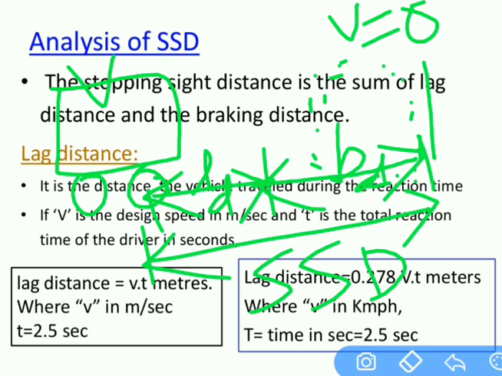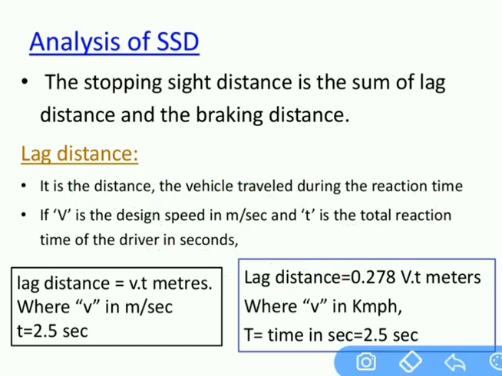What is the lag distance? Simple. First we have to perceive the situation. Yes or no? That is the perception. While perceiving, the distance the vehicle has traveled is the lag distance.